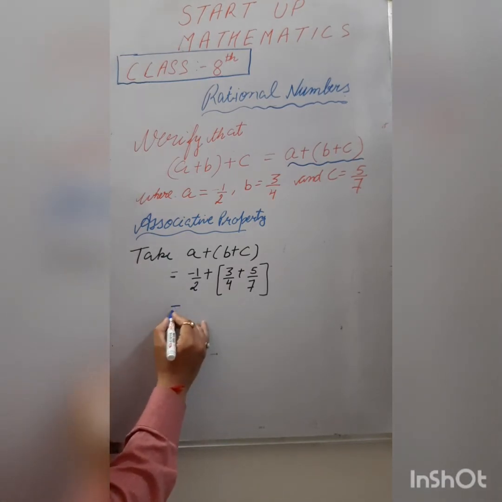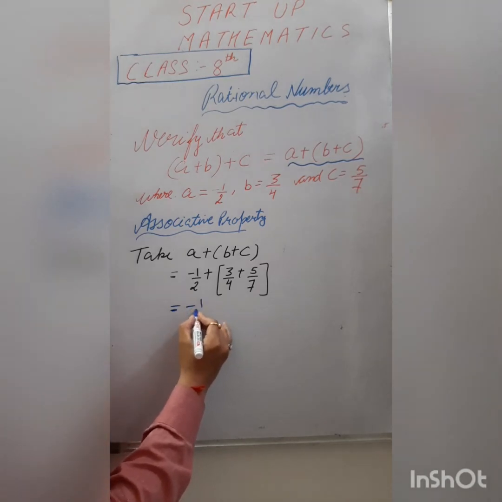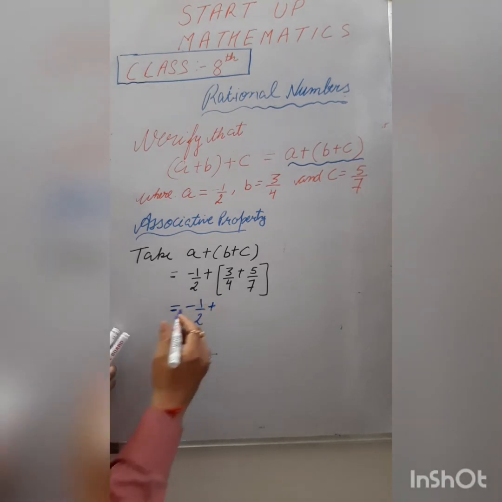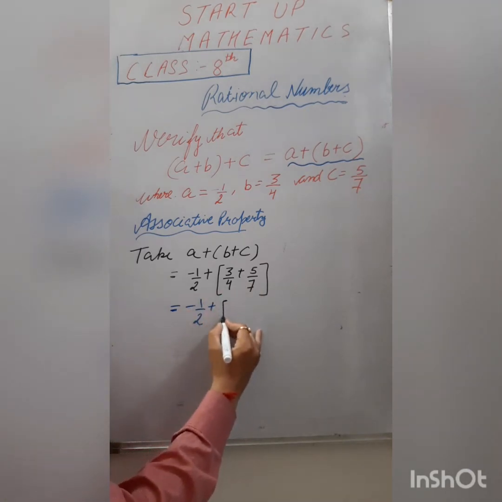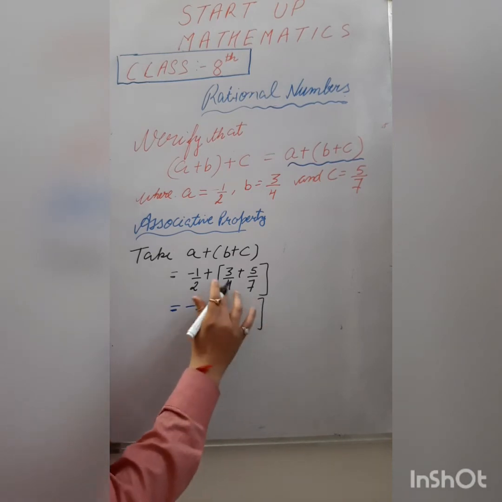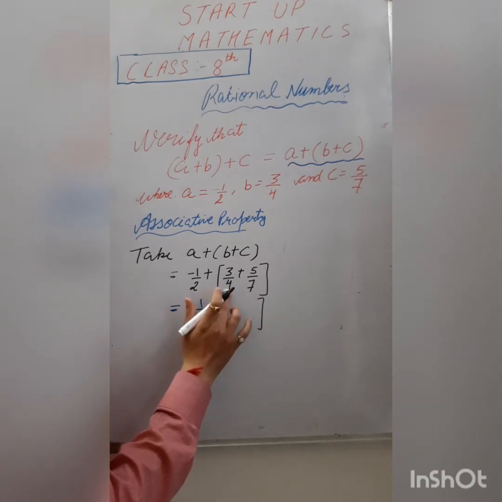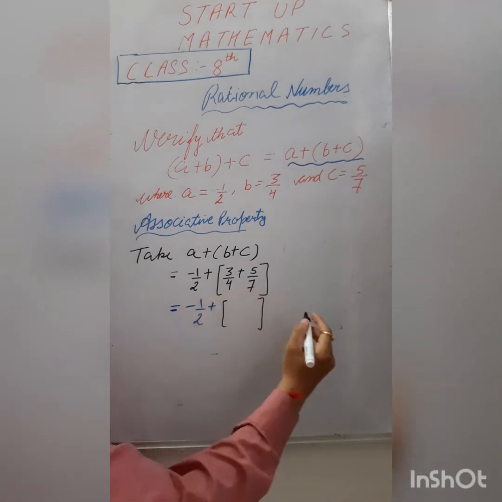Now according to BODMAS, again the same way, firstly solve the bracket, and in the bracket there are two rational numbers having the denominators 4 and 7.